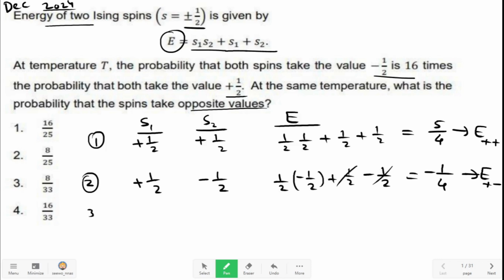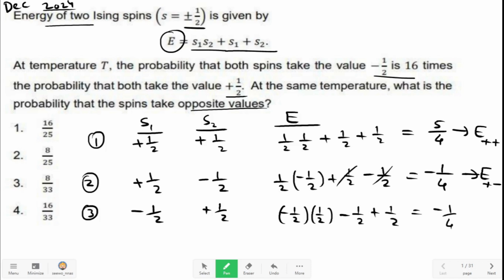The third configuration is S1 is equal to minus 1 by 2, S2 is equal to plus 1 by 2. In this case, energy is equal to minus 1 by 2 times 1 by 2 minus 1 by 2 plus 1 by 2. This is equal to again minus 1 by 4. Let us denote this by E minus plus.